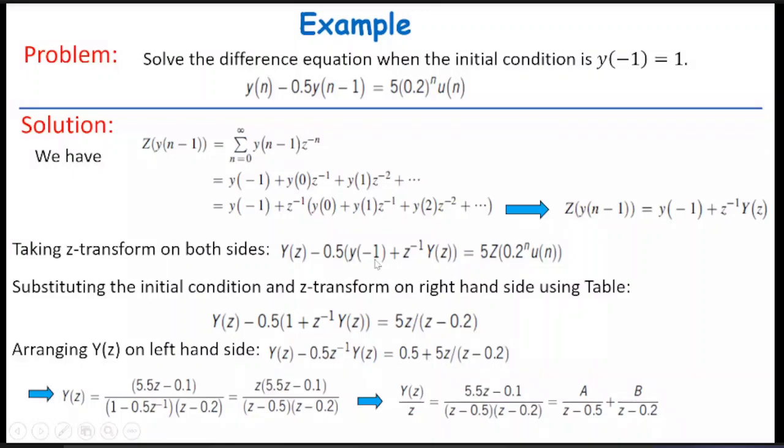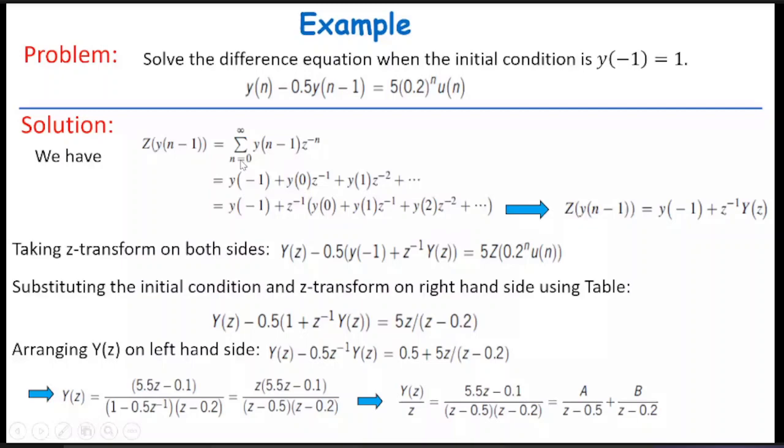If no initial condition is given, then directly the Z transform of 0.5 y of n-1 would have been z inverse Y(z). But since the initial condition y of -1 is there, you could find the Z transform this way, with n equal to 0 to infinity, Z to the power -n.